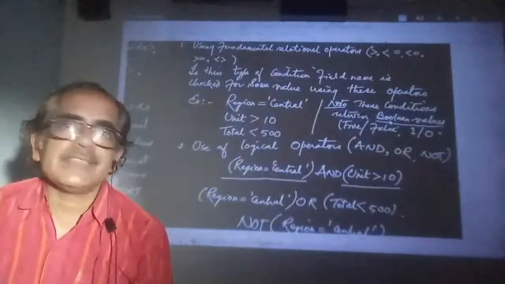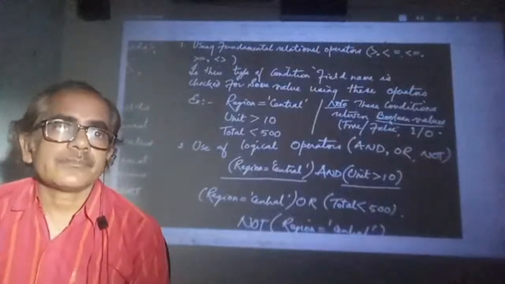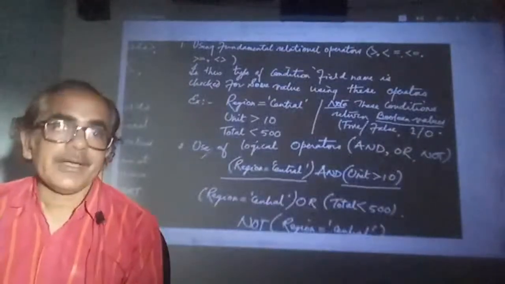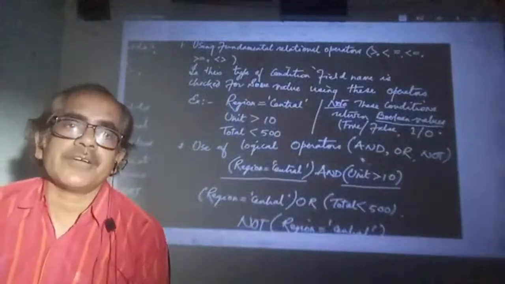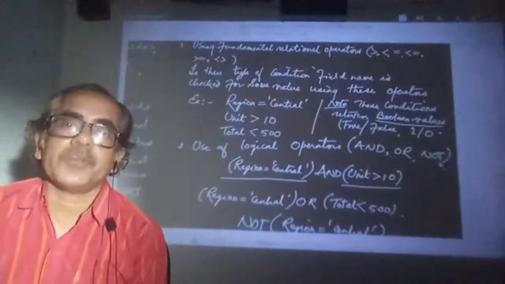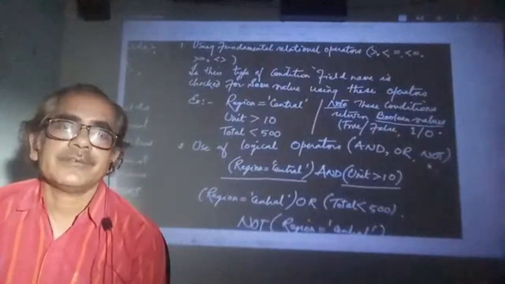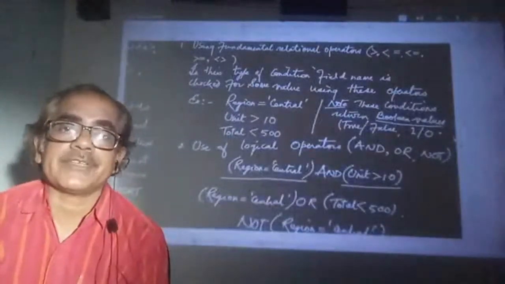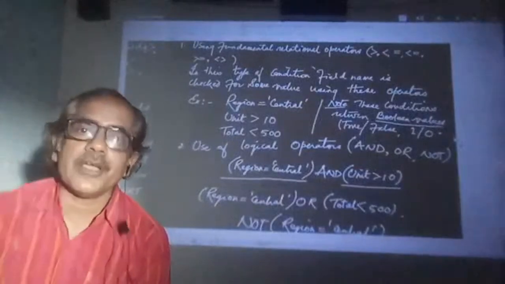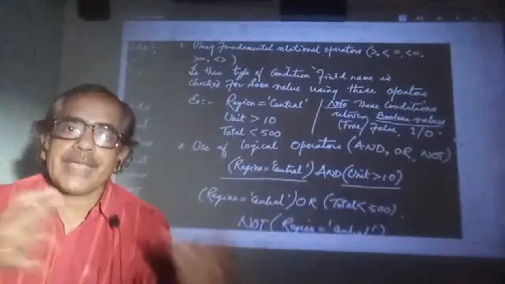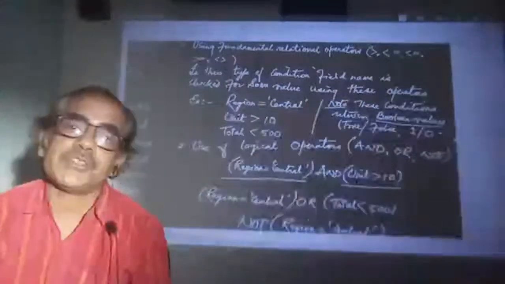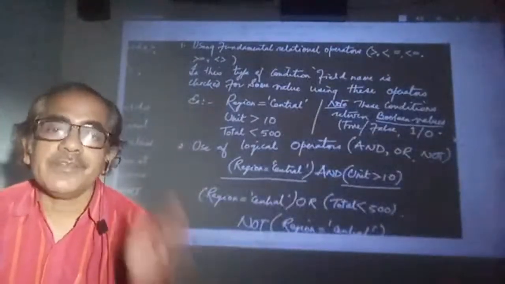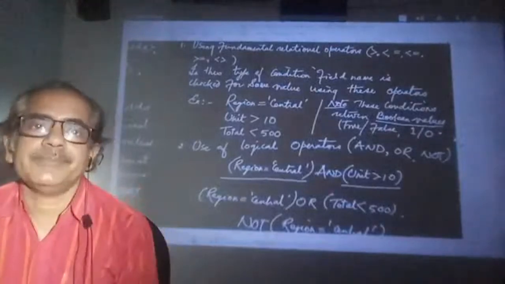Now, second is the use of logical operators. You know that logical operators are and, or, and not. The use of a logical operator is that they are used to join, to combine Boolean values on the basis of a specific definition.